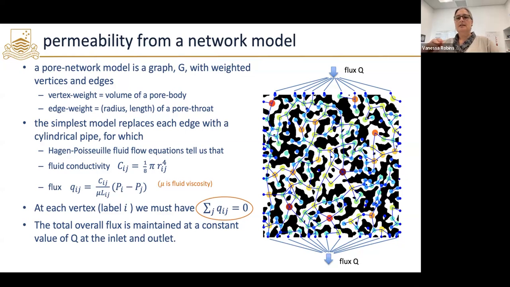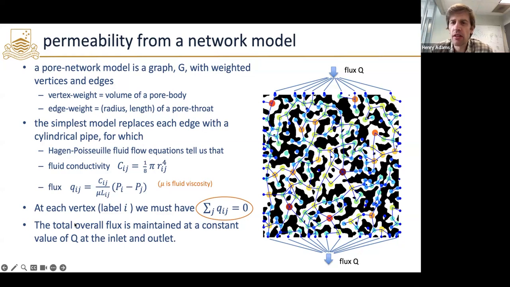But my goal in this project is not to compare the network model with the true pore space. What I'm doing in this project is comparing results from the network model with this max flow min cut idea. Okay, just keep that in mind.